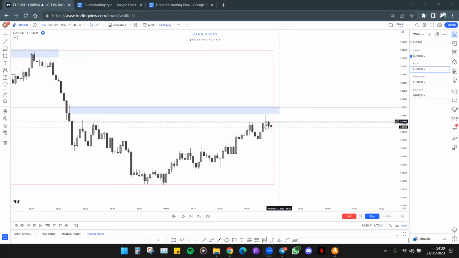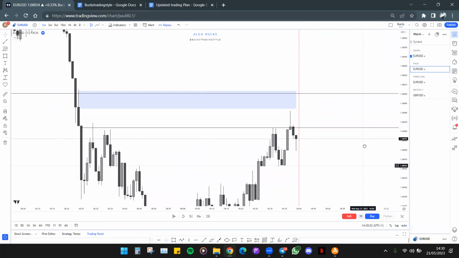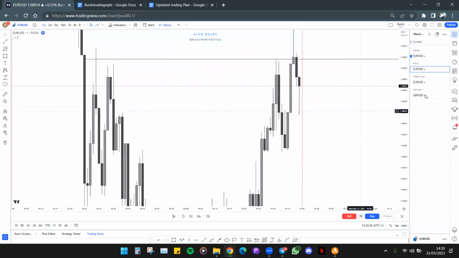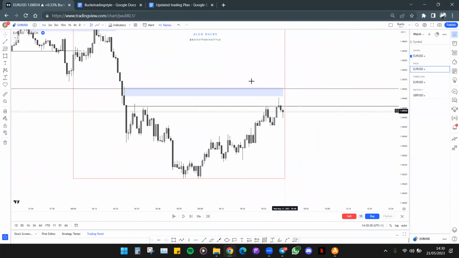So price took out that liquidity right here. Okay, price took out the liquidity, almost mitigated this. So let's see if there's a reason to take any trade from there. So on the M1 time frame, let's see if this would be a perfect price behavior for that trade. On the M1 time frame, if we're marking out external structures, we have this high, this.